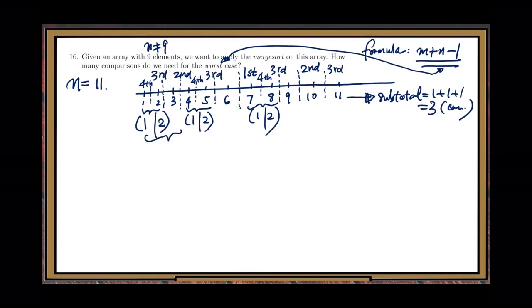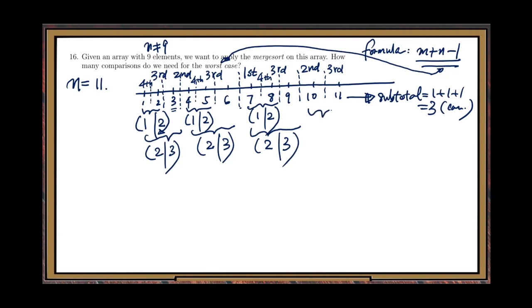Next one. Here m equals 2, n is 1 element. 2 plus 1 is 3, 3 minus 1 is 2, so 2 vertical bar 3. Next one, also 2 vertical bar 3.